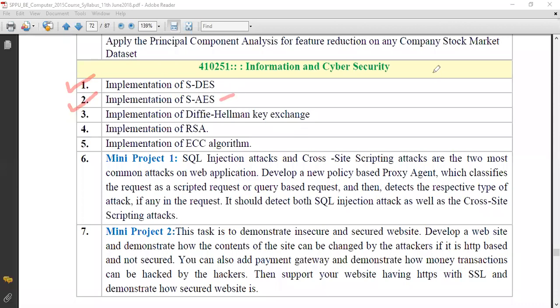Today we have finished this AES algorithm. Tomorrow we are going to concentrate on the implementation of Diffie-Hellman key exchange and then the implementation of the RSA algorithm, because we are going to consider two algorithms tomorrow, as we have 3 lectures. So be prepared for tomorrow also.